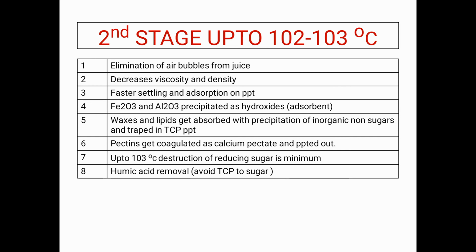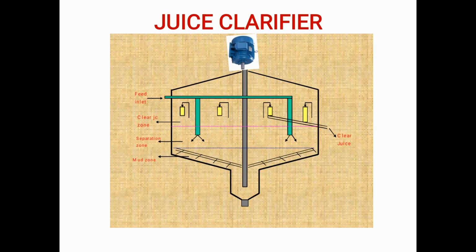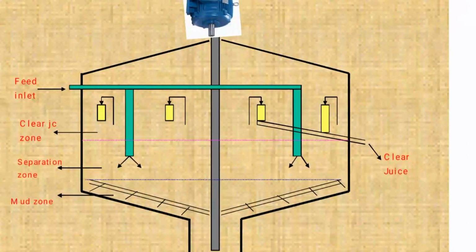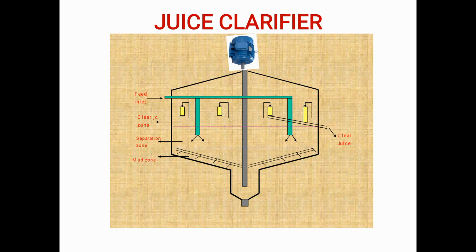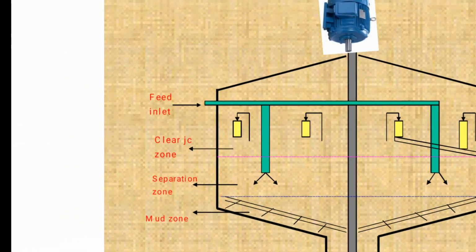And one more thing: after this heating to 102 or 103 degrees Celsius, those precipitates are getting compacted, but not fully compact, so we have to add another chemical called a flocculant. That flocculant will be added in the feed line here.